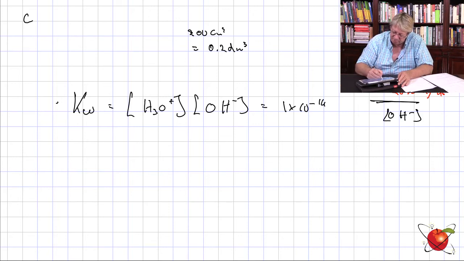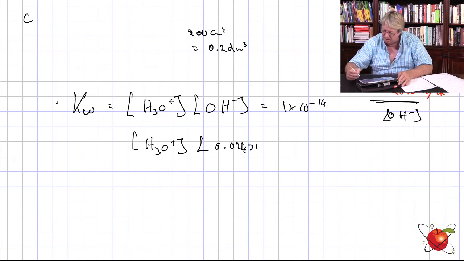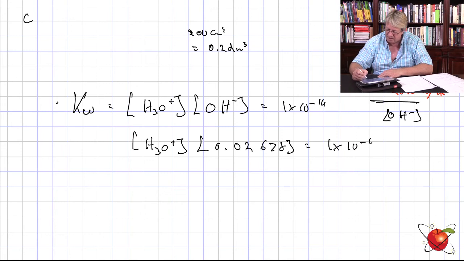So let's put it in. Times that one, 0.02678. Let me just write it neatly. 0.02678 equals 1 times 10 to the minus 14.